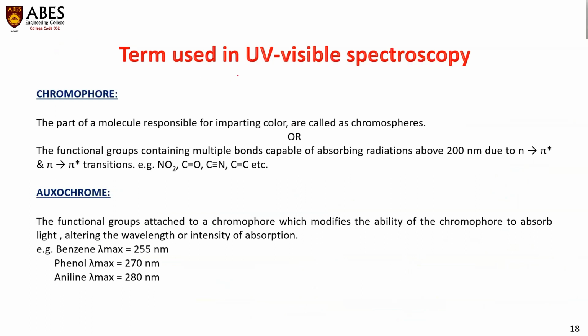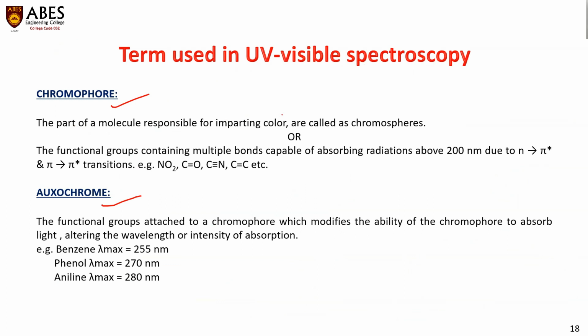There are some specific terms which are used in UV-visible spectroscopy: chromophore and auxochrome. A chromophore is a part of a molecule which is responsible for the absorption of radiation as well as the color of the compound.